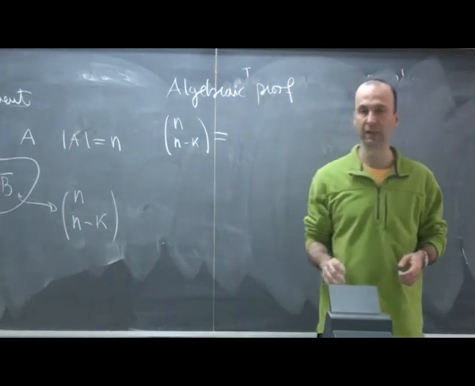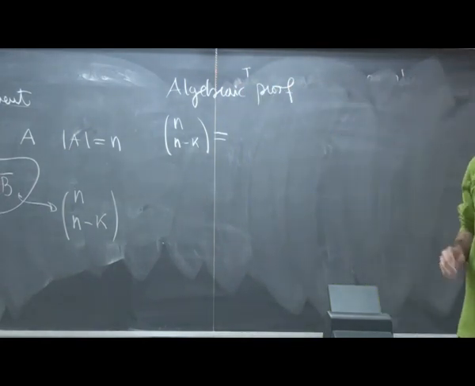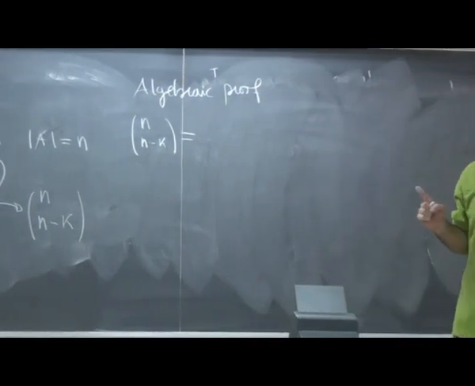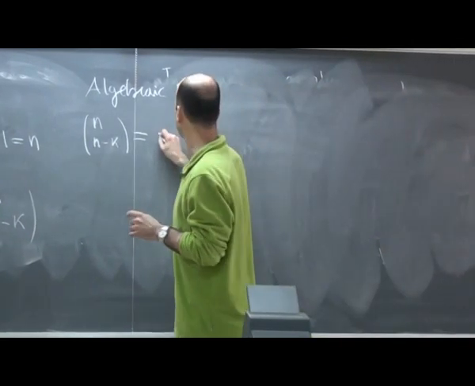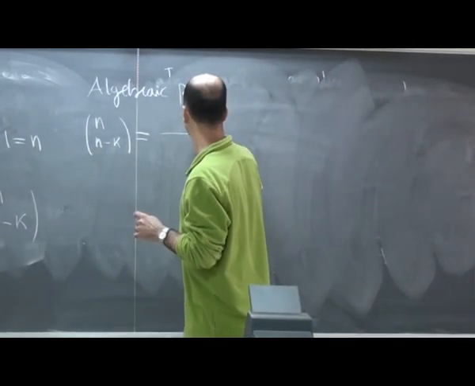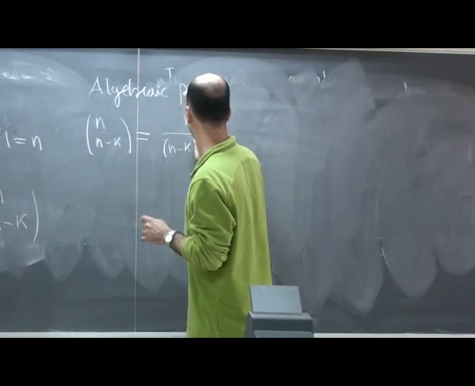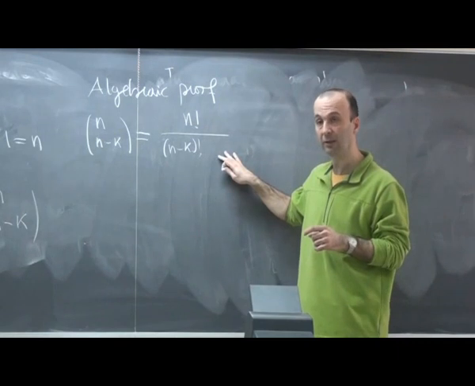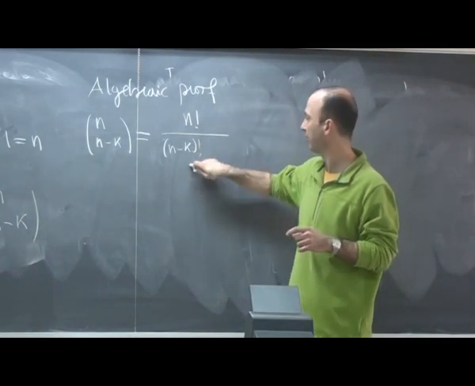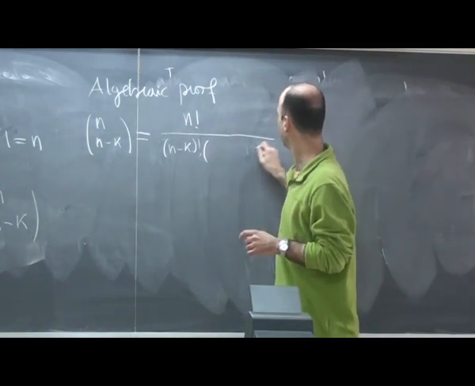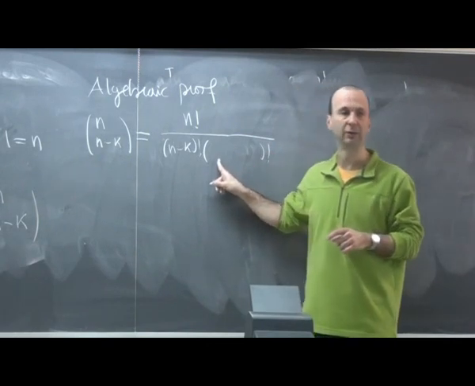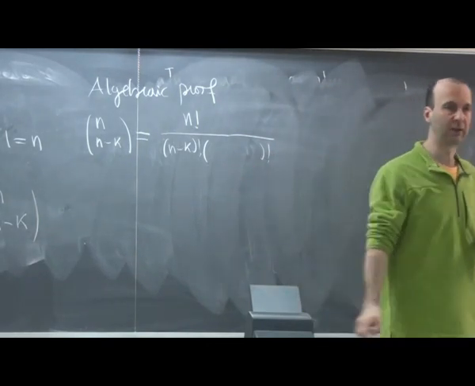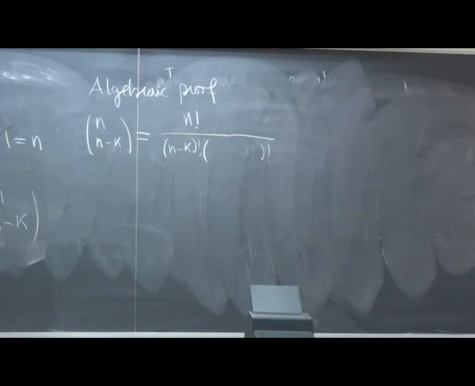Then I'm going to give you the algebraic proof just for you to compare. So I'm going to write down the definition of n choose n minus k. It says n factorial, n minus k factorial. What do I have to write here? Show me that you can apply the definition.